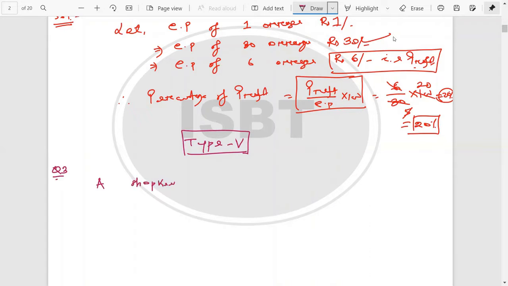A shopkeeper sold an article at a 20% loss.